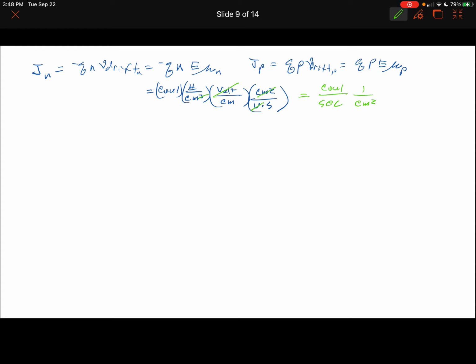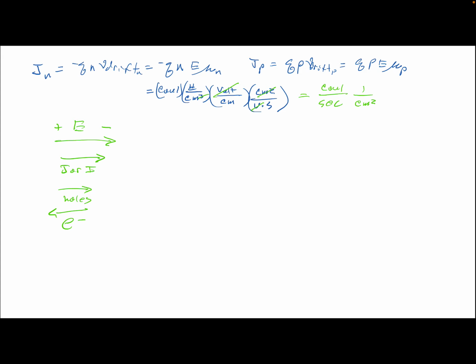So if E is going from plus to minus, then current is going the same way, whether it's J or I, and holes are going that way, and electrons are going the opposite way. Current flows in the direction of the holes in the field and the opposite direction of the electrons.